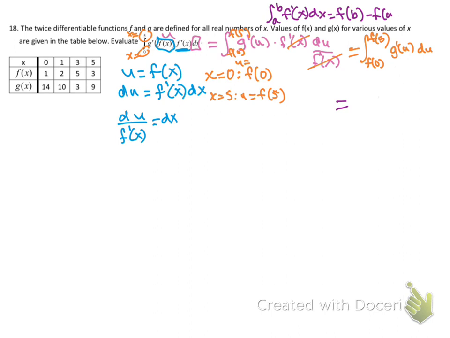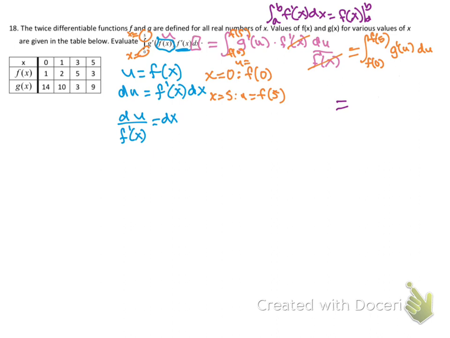Or you can go like one step less far and just write this as the antiderivative of f prime of x is just f of x evaluated from a to b. Either one is okay with me. You can do it either way.